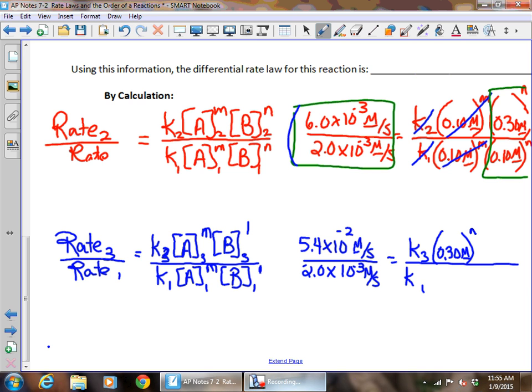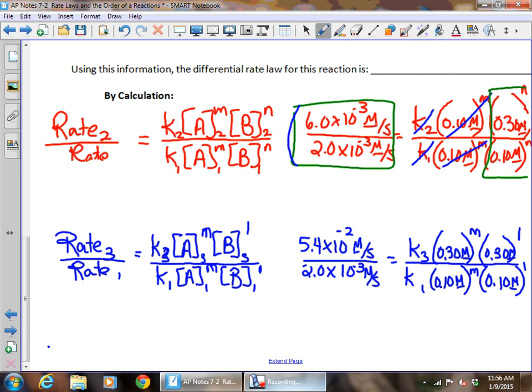That's going to be raised to the M. And for B on the third reaction, it's also 0.30 molar, raised to the first. For our first reaction, both of them are 0.1 molar, again raised to the first.